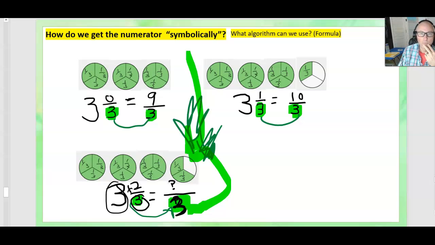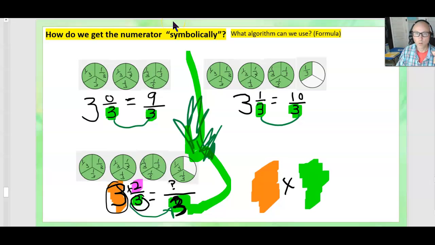If I color code this, let's see if that's going to help us out. The whole number times the denominator plus the numerator. I'm going to color code it right over here. There, that's our formula.